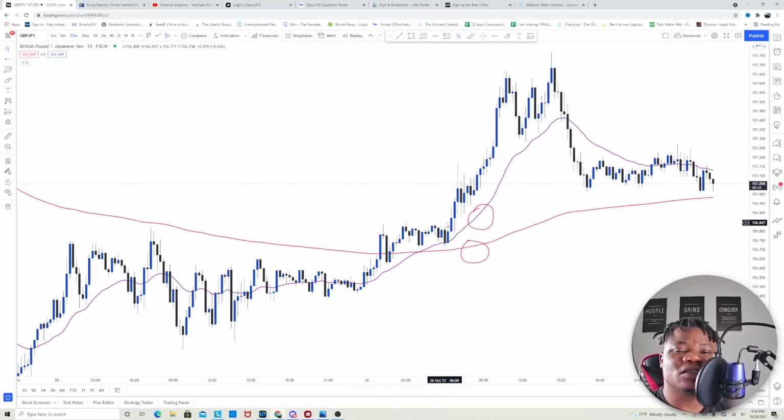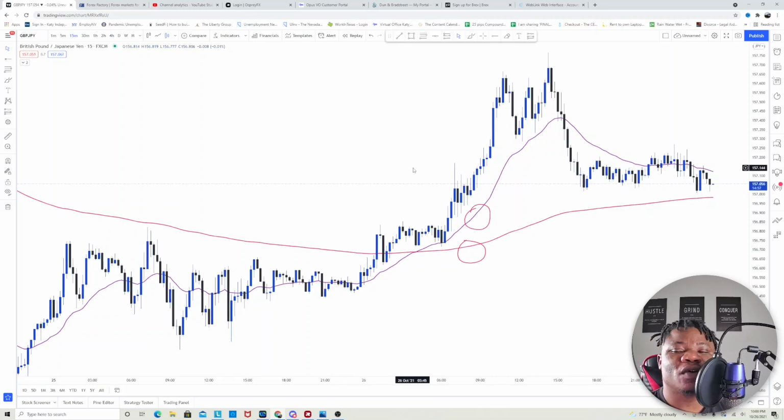If price closes below the 200 EMA and we're looking to take a buy position, then that buy position is no longer valid. Now we need to start looking for a sell position. But in this case, we're trying to take a buy position here, so we need to wait for a pullback.